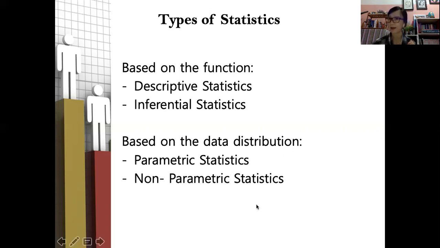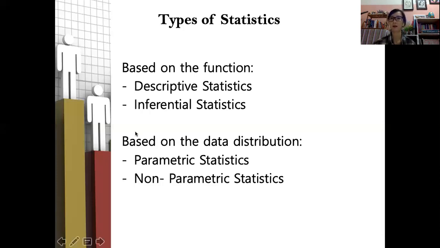So parametric statistics, you can guess that it might have something to do with the data distribution in the population. And the non-parametric means, well, it's not the parametric one, right? Okay, we'll see later the detailed explanation on these two types.